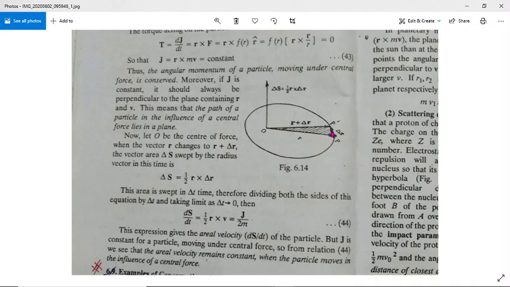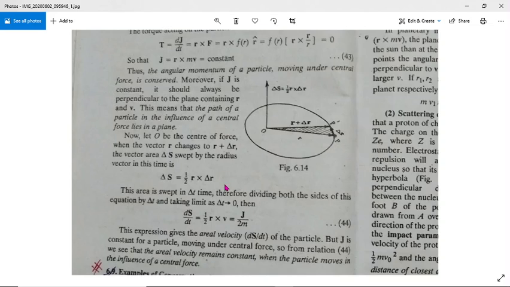The area is swept in time delta t, so we can differentiate delta s with delta t, and therefore we can write ds by dt equal to half r cross delta r by delta t.